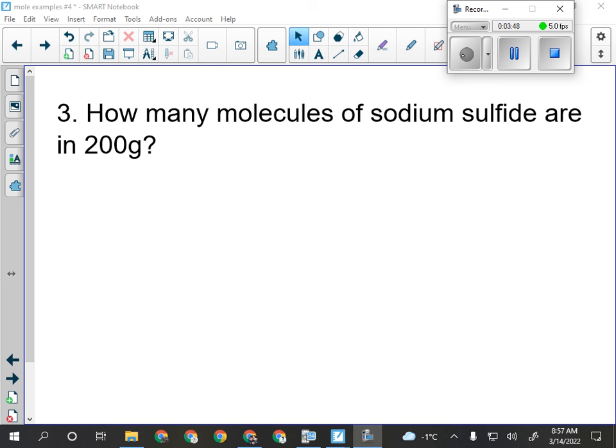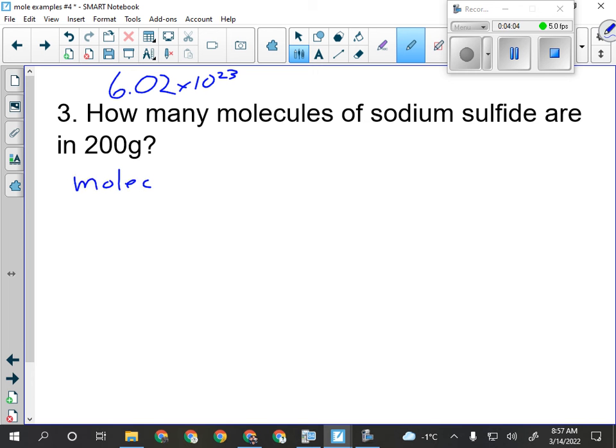So on number 3, we've got one of the ones that requires the extra step using Avogadro's number. What does Avogadro's number tell us again? Molecules in 1 mole, exactly. Okay, so we are looking for the number of molecules in this question. Okay, they tell us that the material is sodium sulfate, which is definitely going to need to be dropped and swapped. Okay, sulfate's a polyatomic ion with a -2 charge.